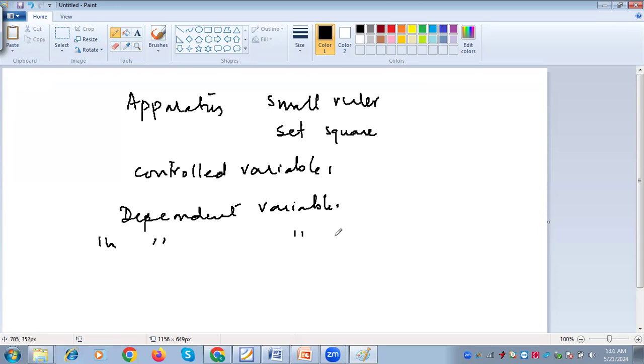Here we are changing the masses and the bending changes, how much it bends. Bending length, you can say. So that is the dependent variable, the change in length. You may write it as change in height of free end.